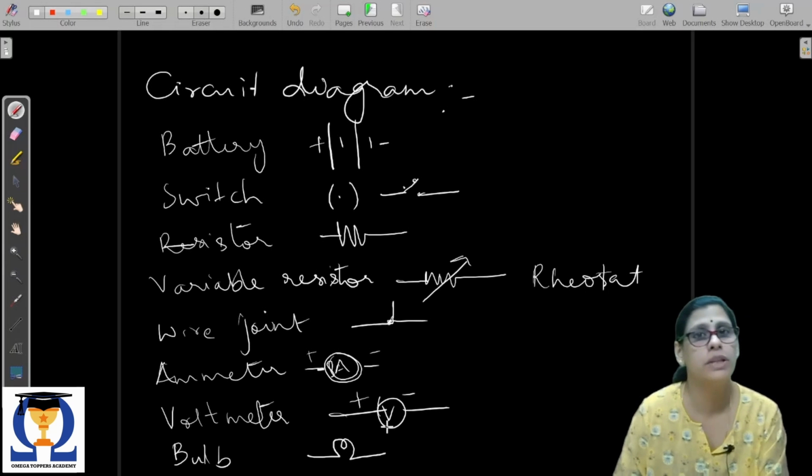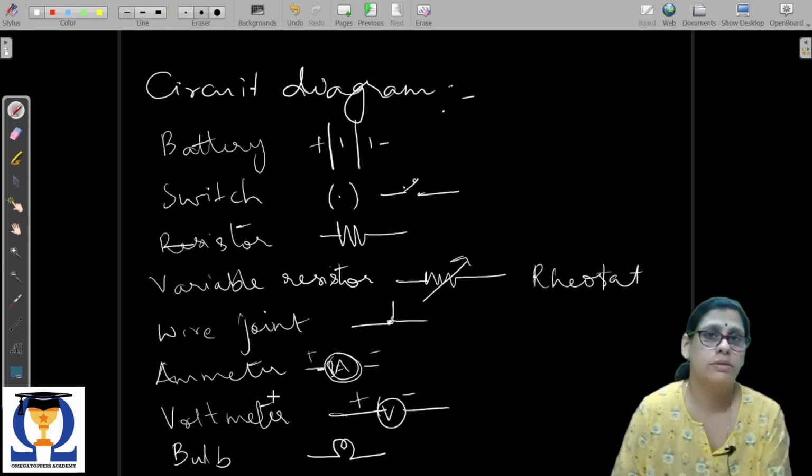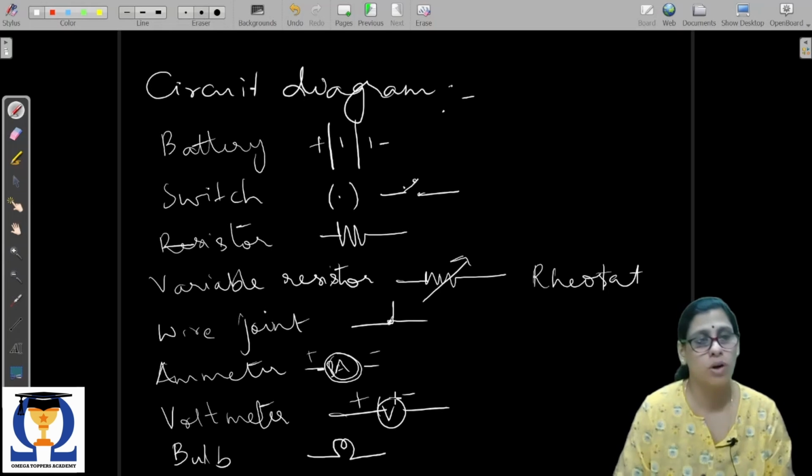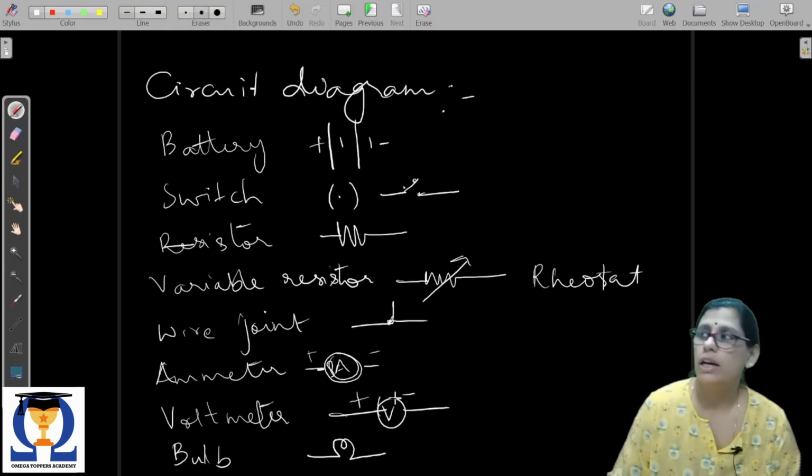In the exam, they usually give you the list of the components to be drawn in the circuit.